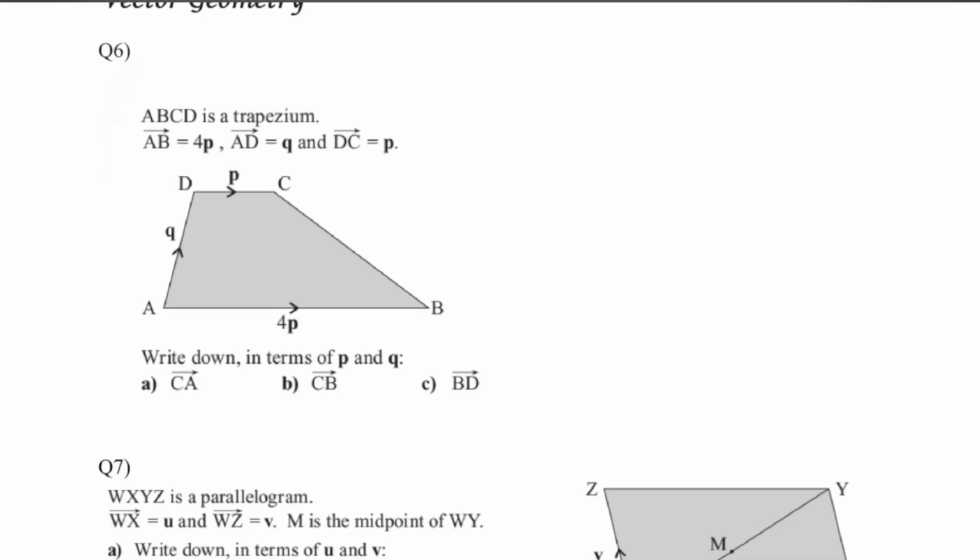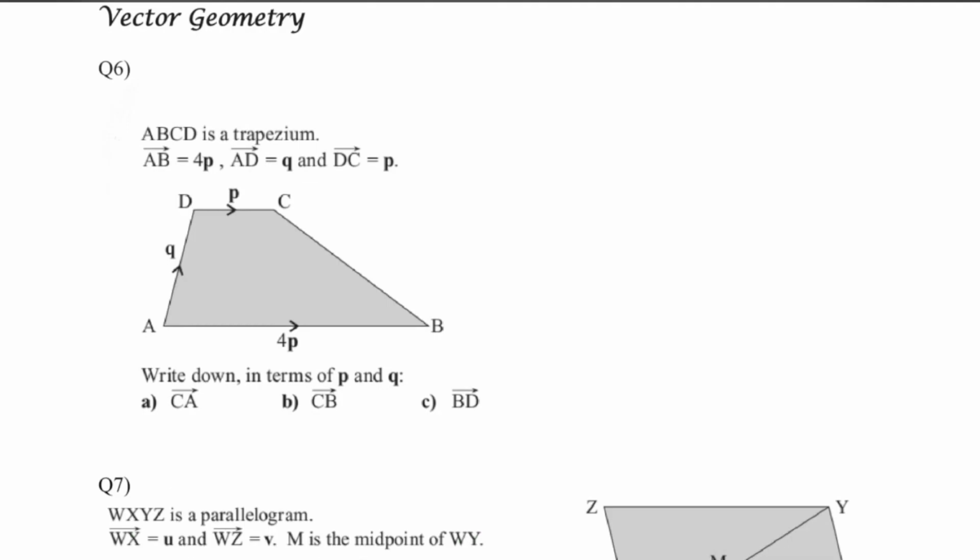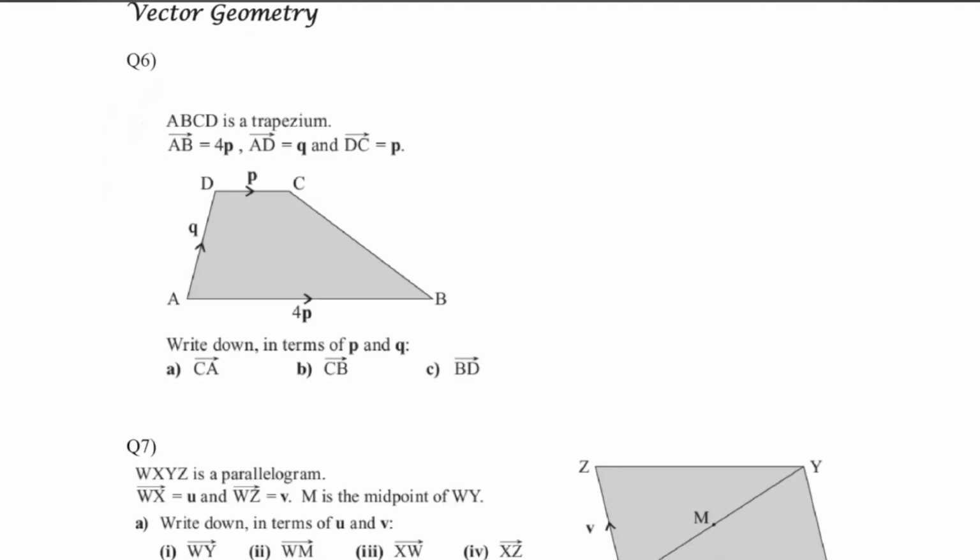So you know that, as we have just now discussed, the vector has direction. Now these are some 2D shapes, so we have to find out the vector for some particular lines. So let's talk about this question. ABCD is a trapezium here, and AB is equal to 4p.